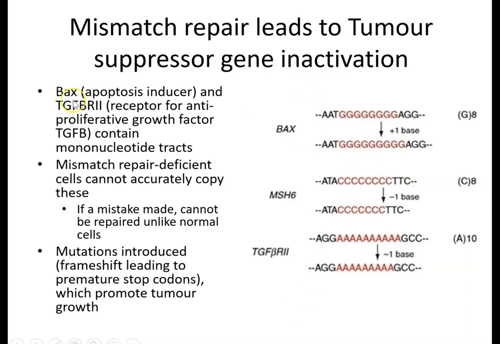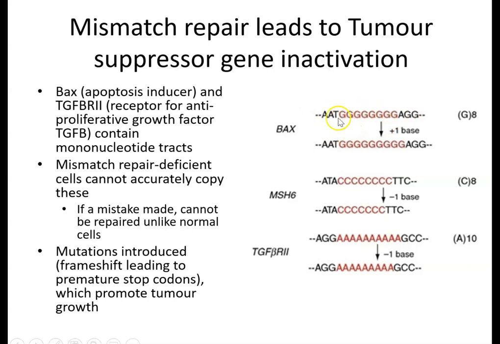However, what is really important is where you've got runs of single mononucleotide tracts, where you've got a run of, in this case, 8 Gs or 8 Cs or 10 As. And these are where base strand slippage occurs, and the mismatch repair system corrects mistakes when you get mismatches here.